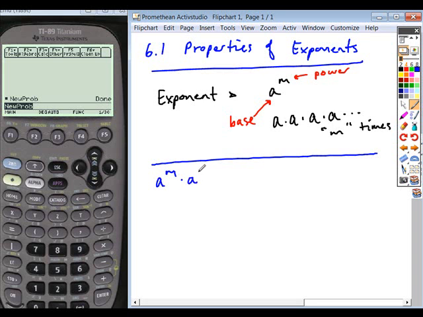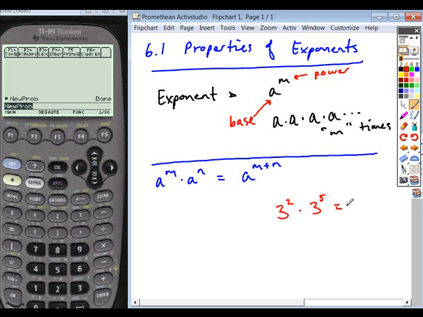If you multiply two powers or two exponents with the same base, does anybody recall what you do with their powers? You add them. So when you multiply two numbers with the same base, you add their powers. If you're looking at an example where you take 3 squared times 3 to the 5th, you don't have to expand these out and find the numbers.